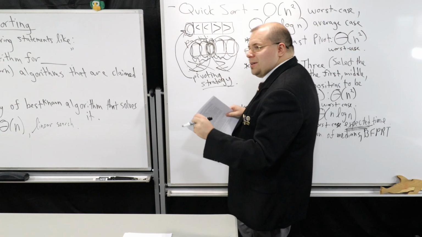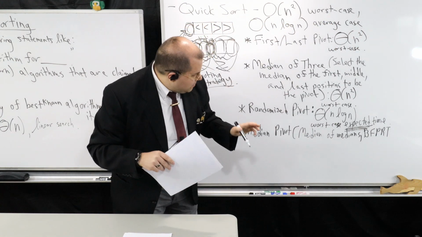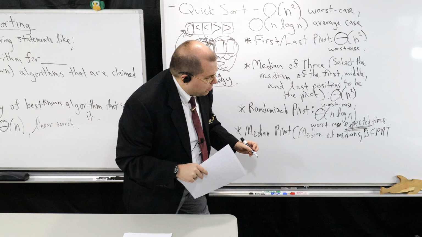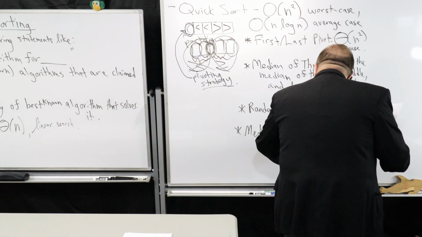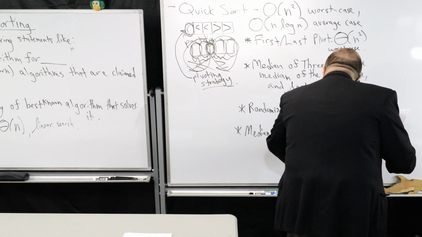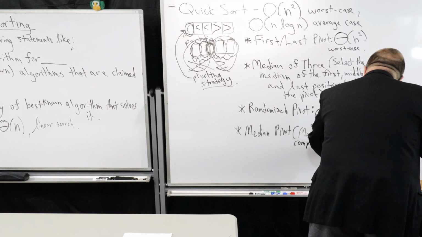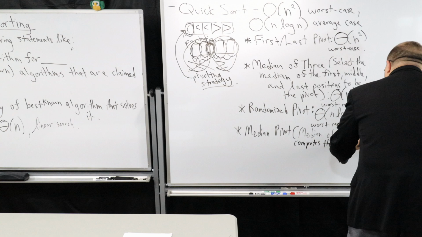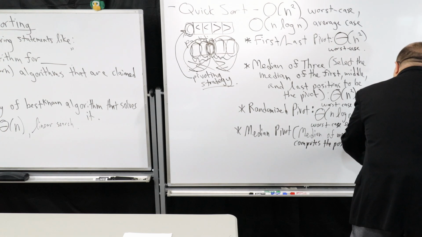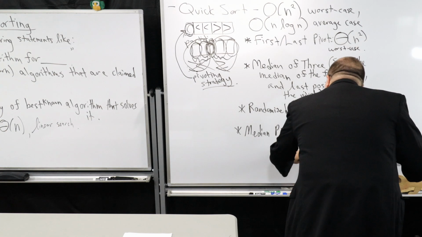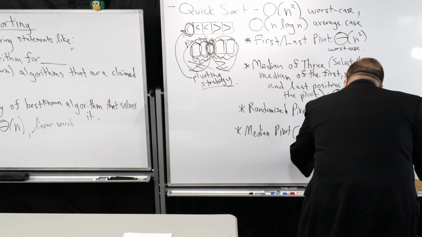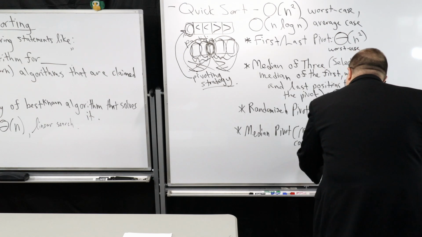So if you use this BFPRT algorithm, you can compute the position of the median in big O of n time. Big theta if you really want to go there.